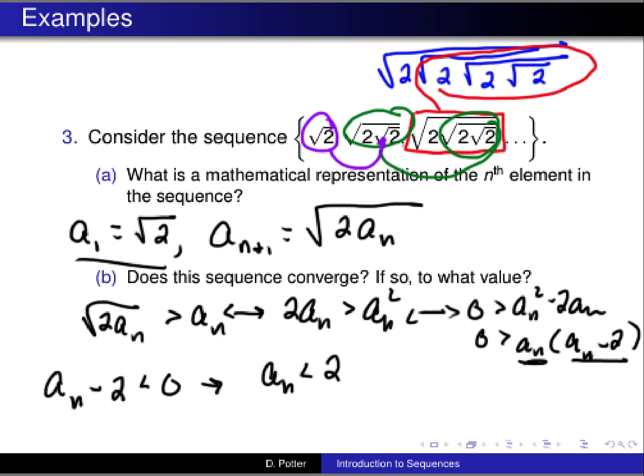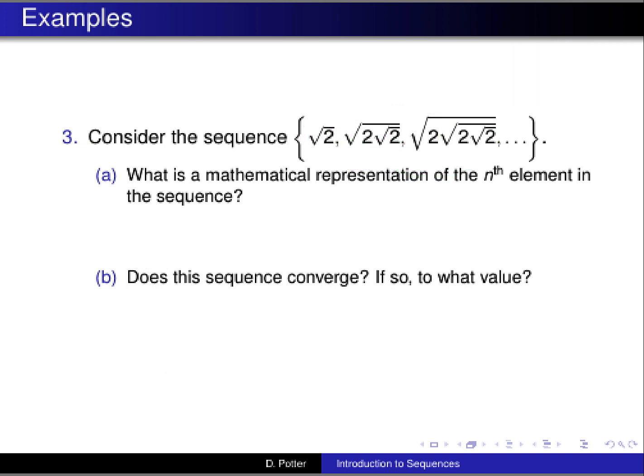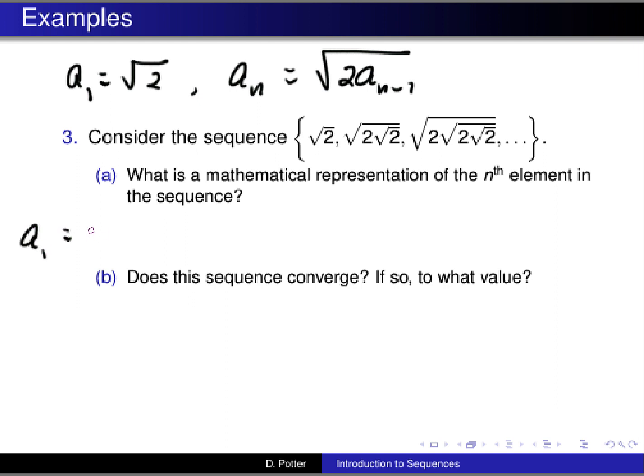Let me just clear this board. So I know that, like I said, my a sub 1 equals root 2, and this is a perfectly good definition. A sub n is equal to square root of 2 a sub n minus 1. And is there another way to think about this? So I know that a sub 1 is equal to 2 to the 1 half.